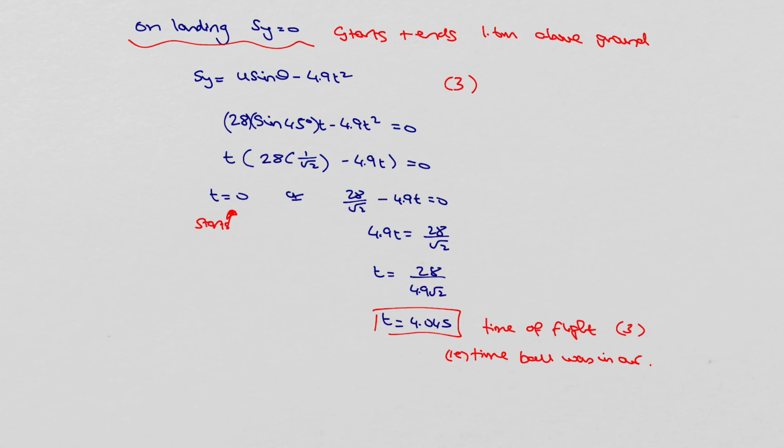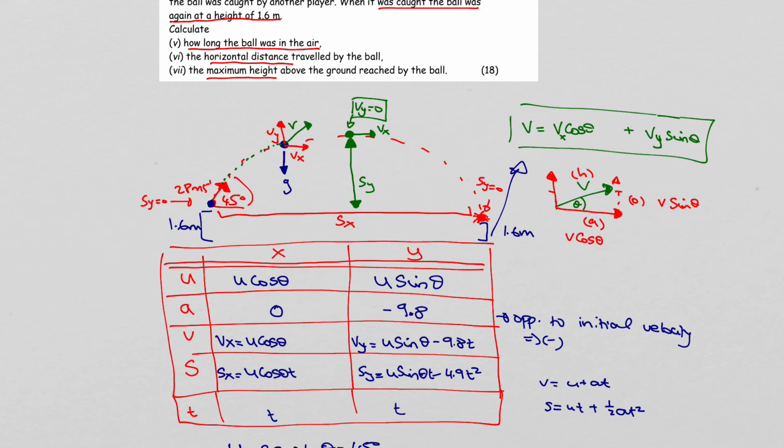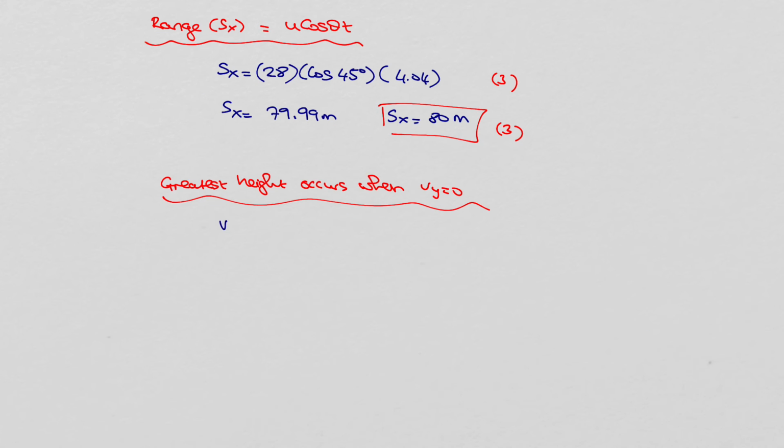So if I look at my velocity in the y direction, if I go back to my table, that's u sine theta minus 9.8t. I'm going to let that equal 0. So u is 28. Sine theta, well, that's sine 45 degrees, minus 9.8t is equal to 0.